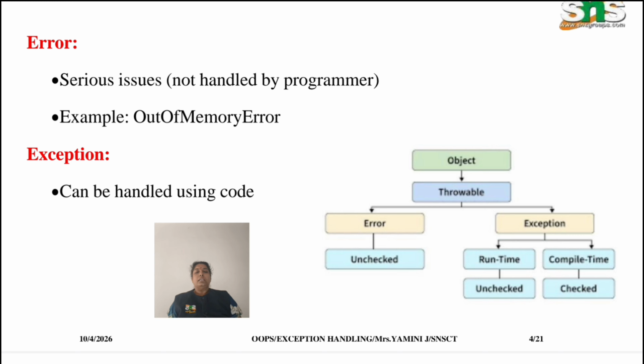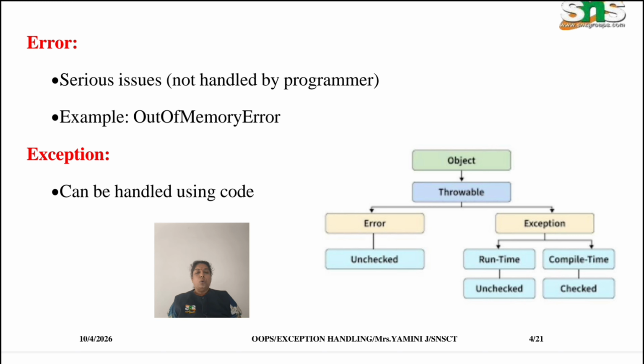These are system level issues such as OutOfMemoryError, which occurs when the Java Virtual Machine runs out of memory. Exceptions, on the other hand, are problems that can be handled using program code. Java allows developers to catch and manage exceptions so that the program continues running smoothly. This is the major difference between error and exception in Java.